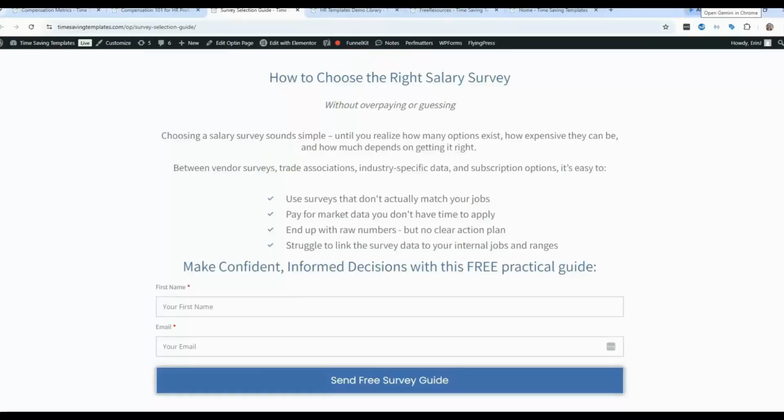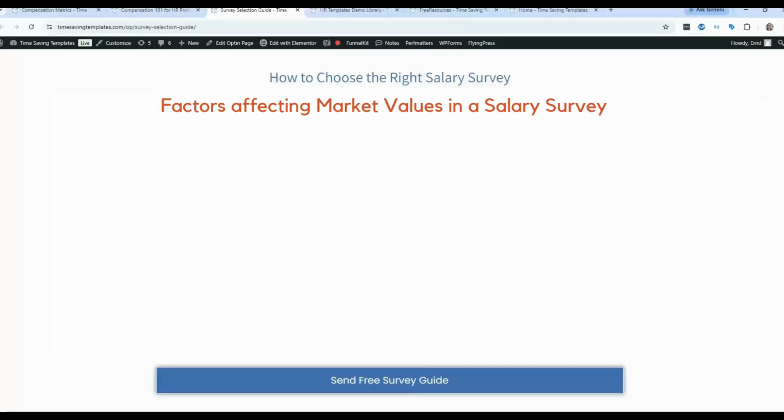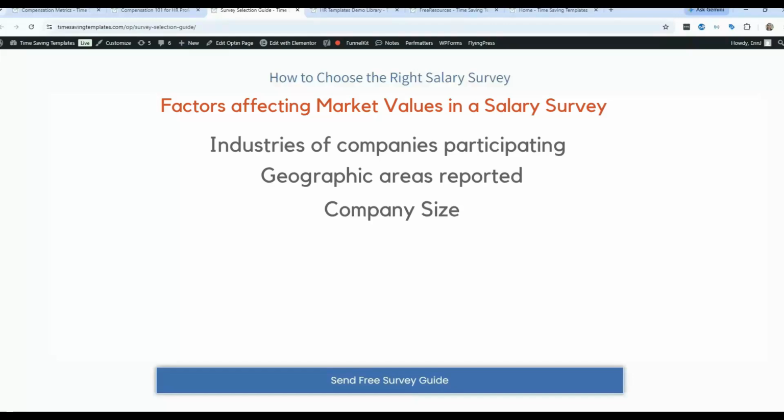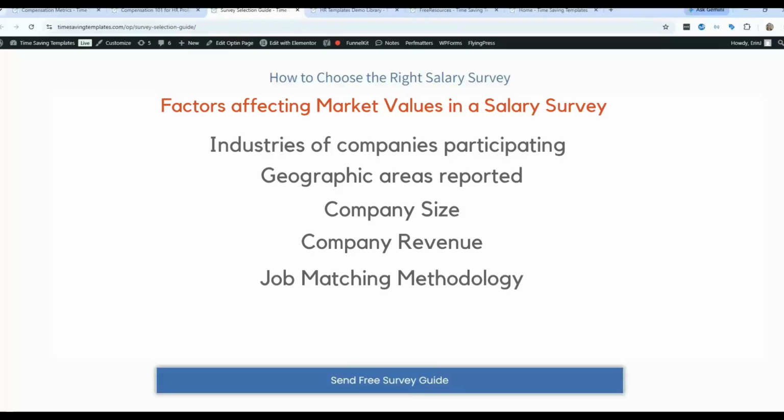And so the market data coming from different salary surveys can produce very different market rates for the same position, whether you're looking at different filters and factors like industry, geographic area, company size, maybe company revenue, your job matching methodology. Do you have your jobs matched to the right survey job?